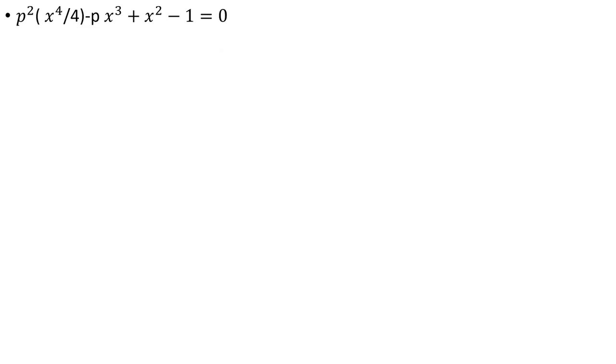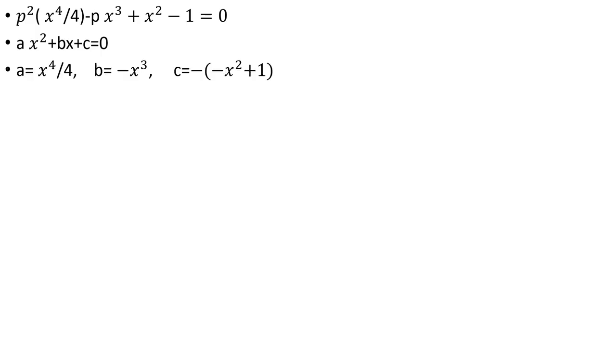Now the equation has changed to this relation right here. This is in the form of ax² plus bx plus c, where a is x⁴/4, b is minus x³, and c is minus x² plus 1. So from here we can solve for x1 and x2.